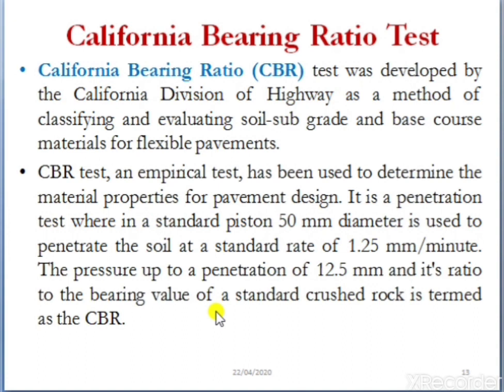So this 50 mm diameter piston is penetrated into the soil, and here what we will do is, for a depth of 2.5 mm and for a depth of 5 mm, we will note down the penetration value. The penetration is done at a standard rate of 1.25 mm per minute.